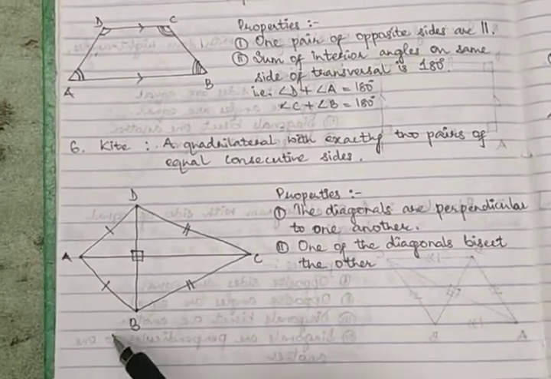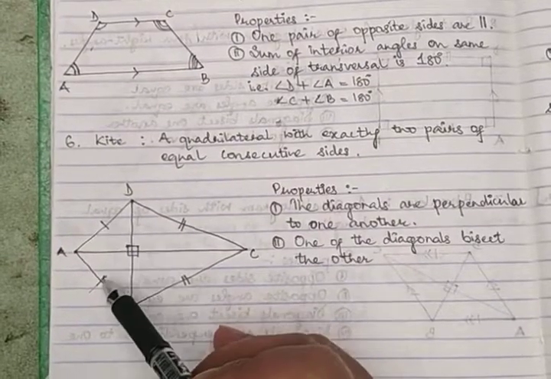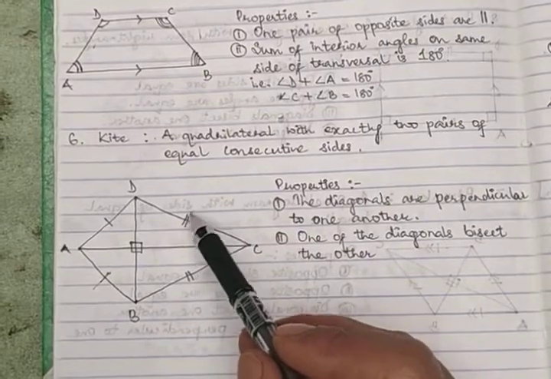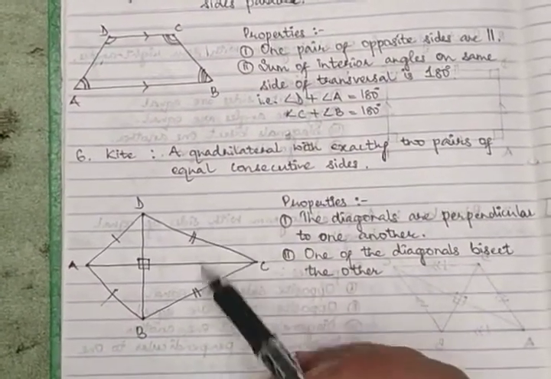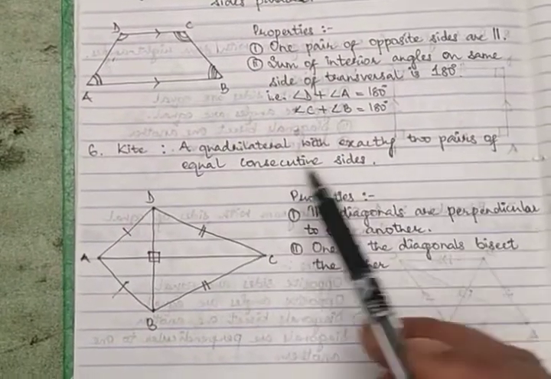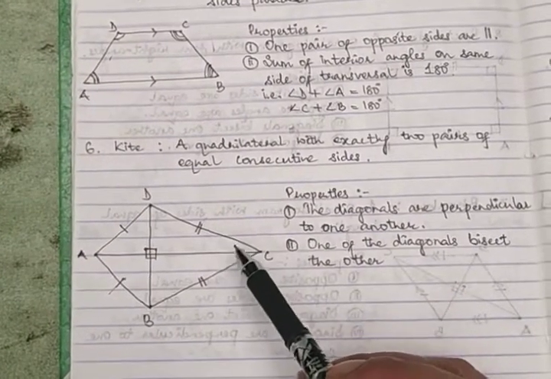What I have done here, I have given AB one mark and AD one mark. That means AB is equal to AD. BC with 2 marks and CD with 2 marks. So that means this side is also equal. So that is what we have written here: a quadrilateral with exactly two pairs of equal consecutive sides is known as a kite.